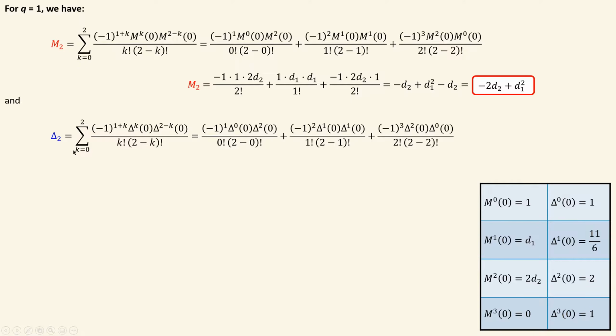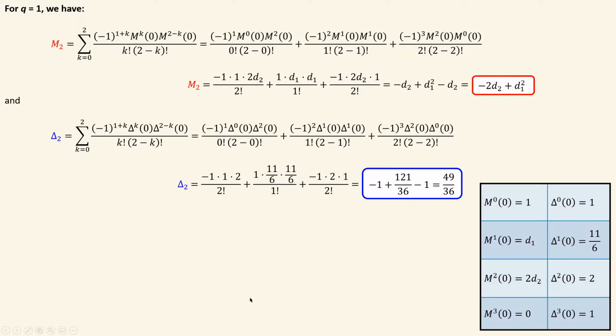Again the summation, and I will work out the expression here. Looking in the table here, I will have these values, and again if you work it out, you will have 49 over 36. That's what you have.